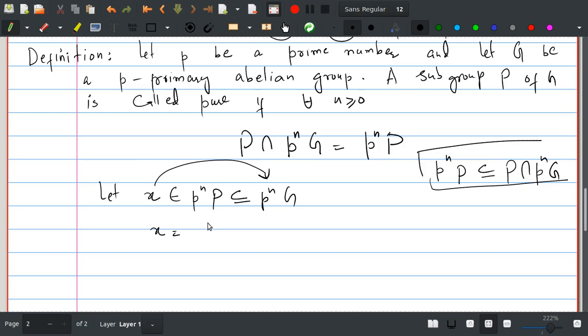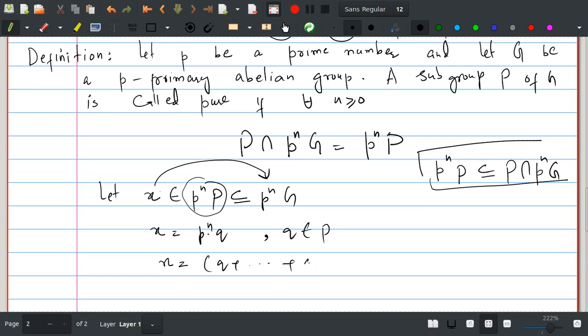Also this x is of the form p^n times q, where this q is in P, because x being an element of p^n P has the form p^n q, where q is in P. That is, x is the same as q plus so on plus q, p^n times. Now each q is in P, so this sum is in P, because P is a group.